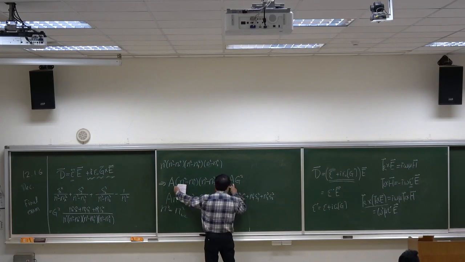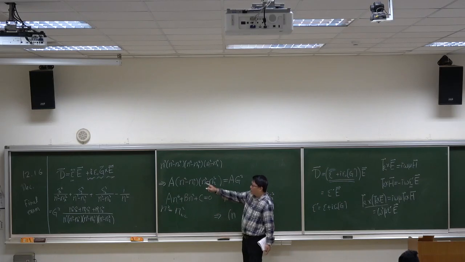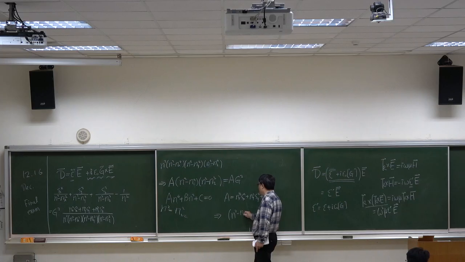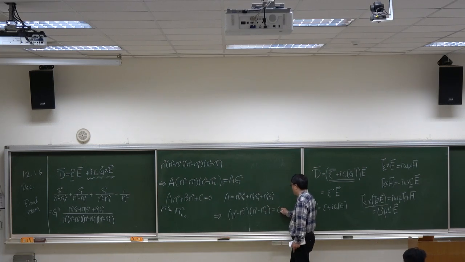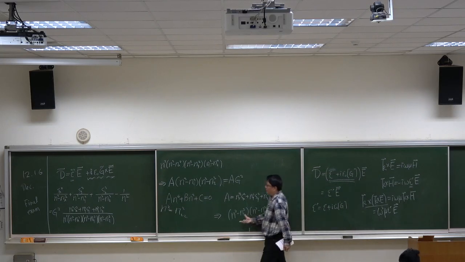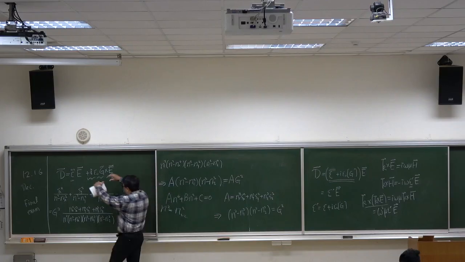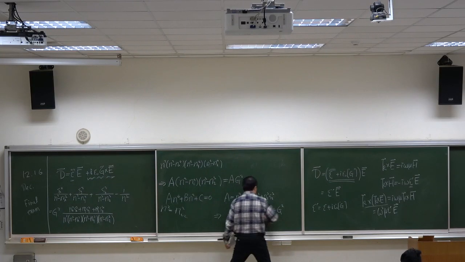And since A is not equal to 0, we can conclude that after the multiplication, with optical activity, the result becomes n squared minus n1 squared times n squared minus n2 squared is equal to g squared. Okay, so we can rewrite this complicated expression into this form.